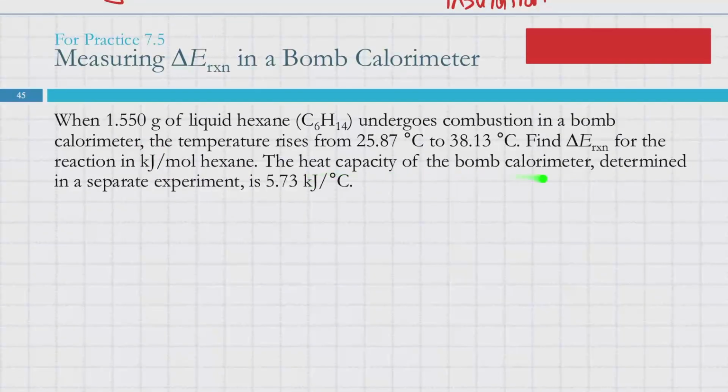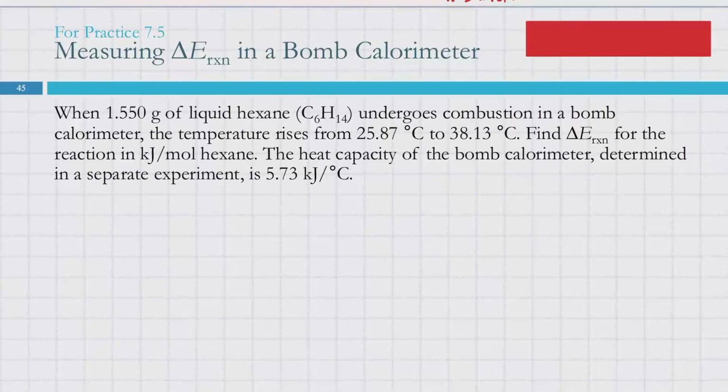The heat capacity of the bomb calorimeter, determined in a separate experiment, is 5.73 kilojoules per degree Celsius. So we've got a lot of stuff going on here. Some temperature values. We're looking for the change in energy of the reaction, specifically in kilojoules per mole hexane. And we're also given the heat capacity of the bomb calorimeter.